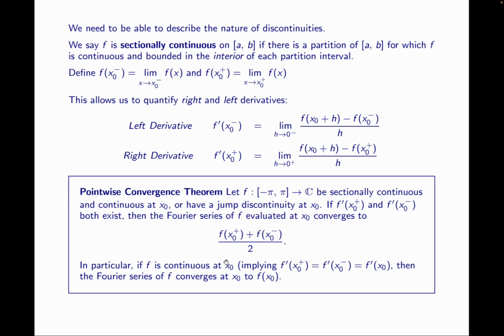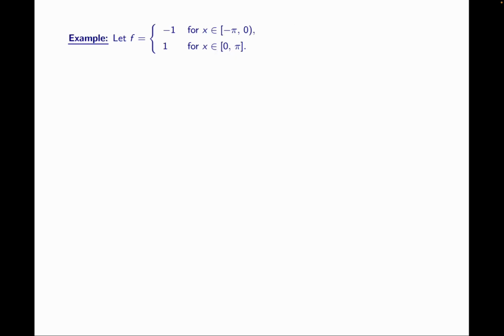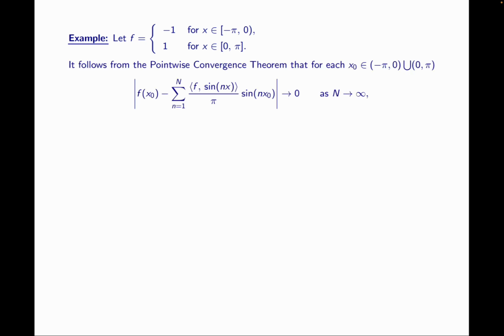Now, if the halfway point of this is equal to f of x naught, then in fact we have exactly convergence at x naught. And of course, if a function is continuous and differentiable at a point, then you do get pointwise convergence there. So given this theorem and our previous function, let's analyze what happened.